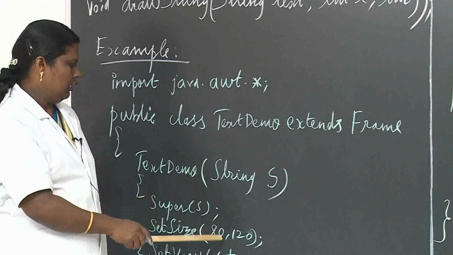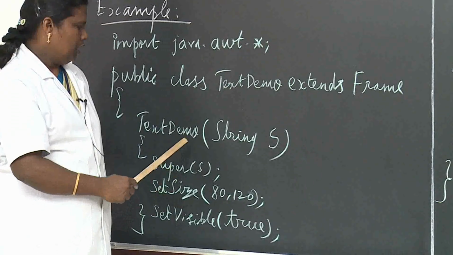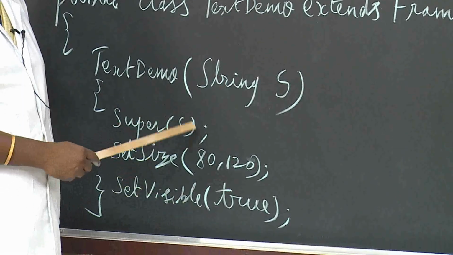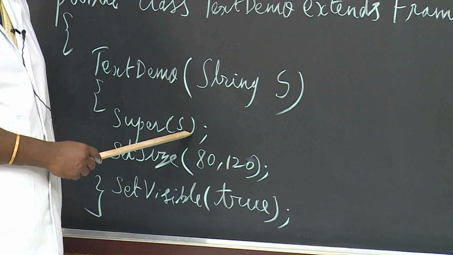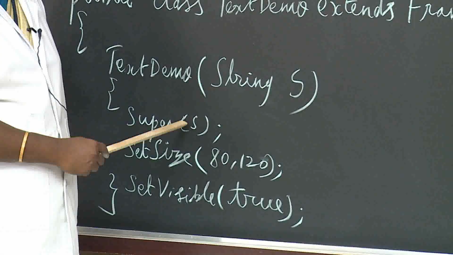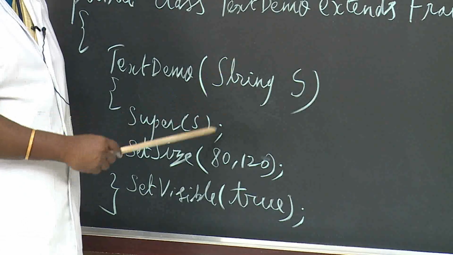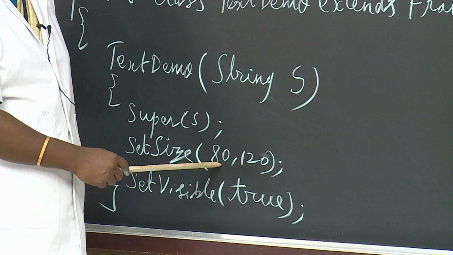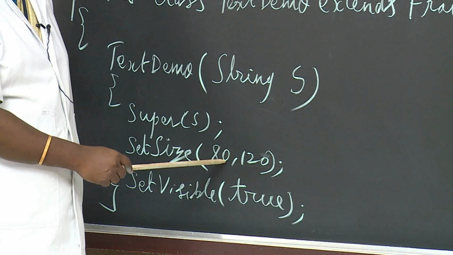Within the constructor of this class, in order to enable the frame, I have these three functions. The super function passes the header or title to the frame. The setSize function sets the frame size, the x coordinate and y coordinate.